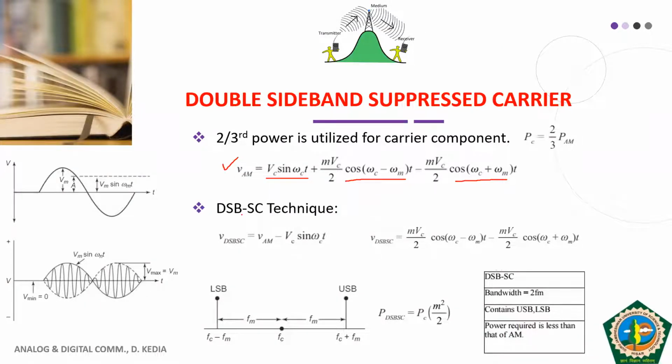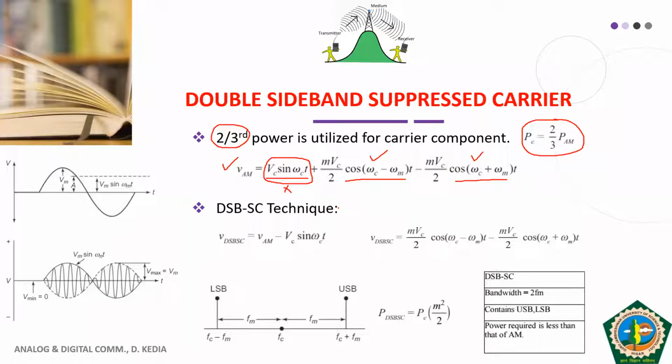Yesterday also I told you, if we analyze this expression, we come to know that 2/3 of the total power of the AM signal is concentrated in the carrier component part. So you can see here that carrier power is 2/3 of the total power of the double sideband full carrier AM signal. And after modulation, we have already obtained the lower sideband and upper sideband. So our carrier seems to be redundant because we have already utilized the carrier in generating our sidebands.